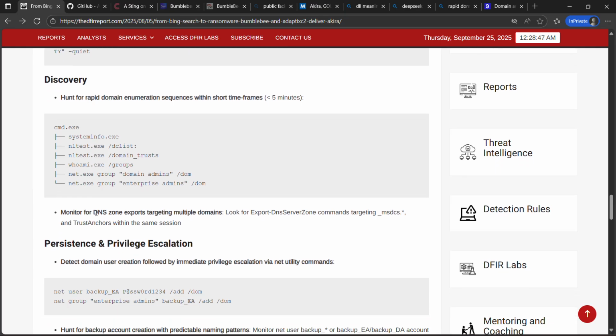Right? Monitor for DNS zone exports targeting multiple domains. Look for Export-DnsServerZone commands targeting _msdcs and trust anchors within the same session. Export DNS server zone, what is that?